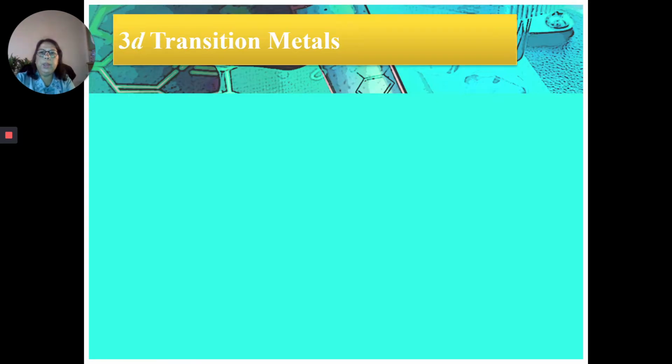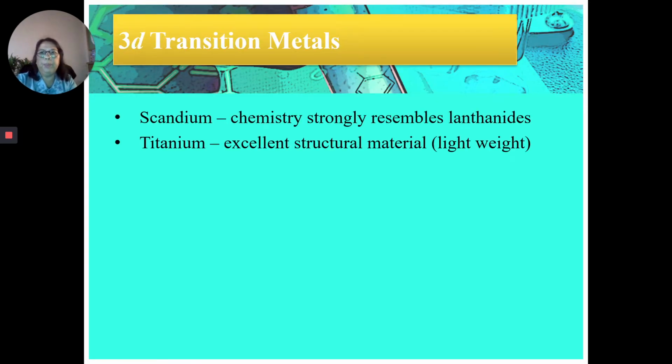However, there are still some other properties of the 3d series. You have titanium. They are very, very light in weight. Hence, they are excellent structural materials, especially for vehicles or fast-moving objects that do not require a lot of weight in order to have great mobility.